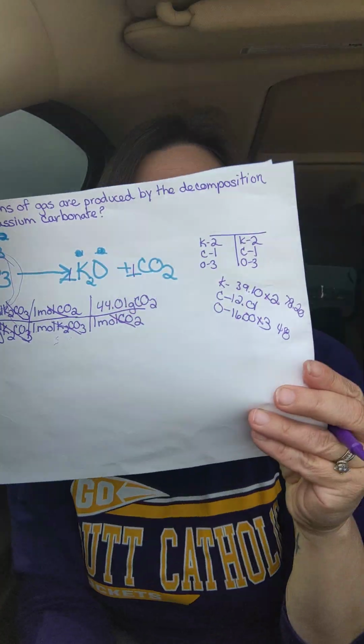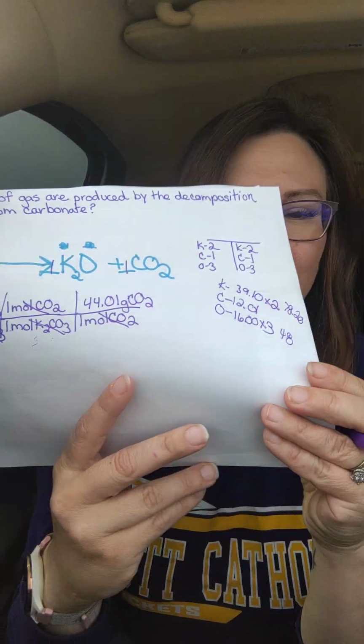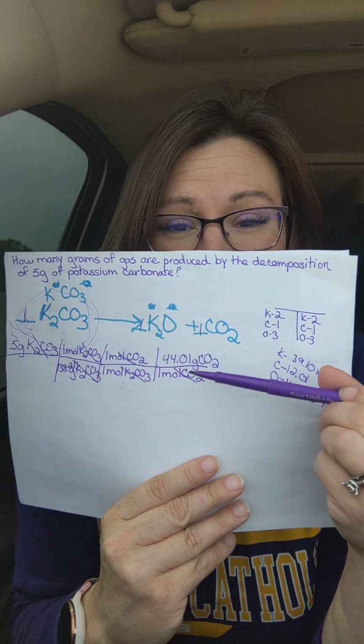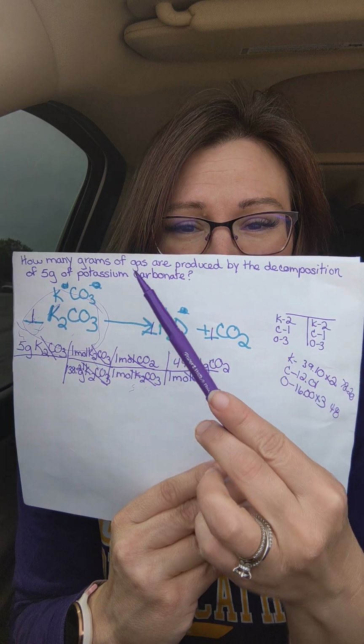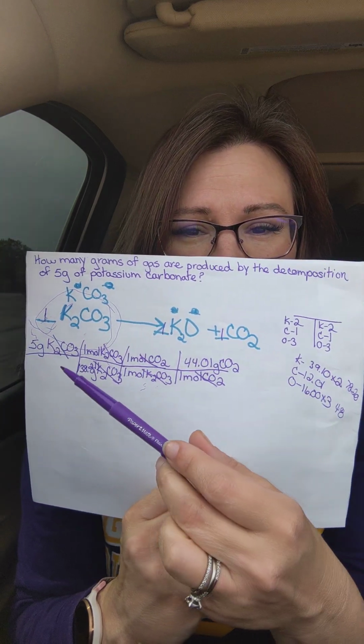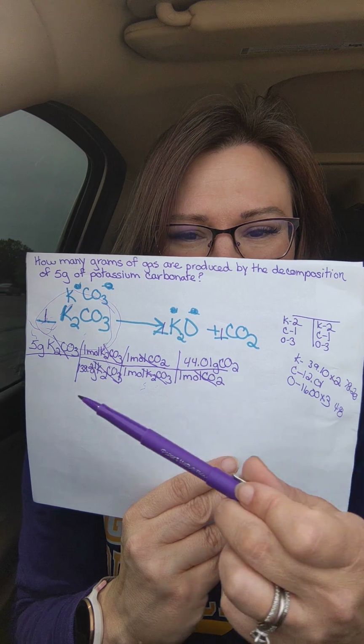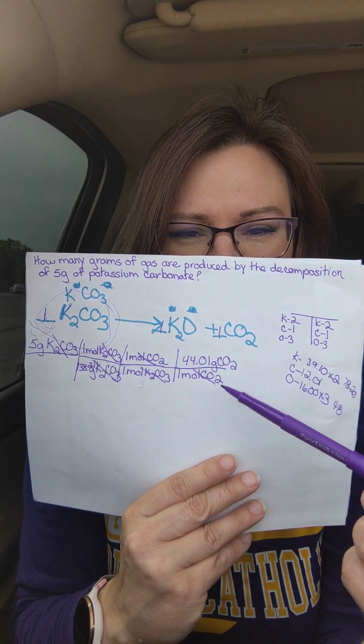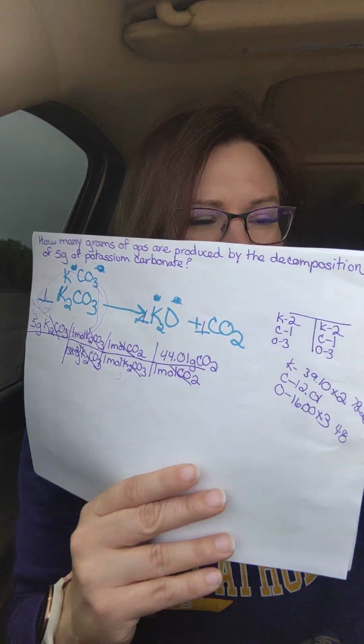So the molecular mass for carbon dioxide is going to be 44.01 grams. All right, so our moles cross out, and we've finally gotten to what we are looking for. We can stop there because we're looking for grams of the gas, which is the carbon dioxide. So now we're going to multiply across the top, multiply across the bottom, and then divide the top by the bottom.